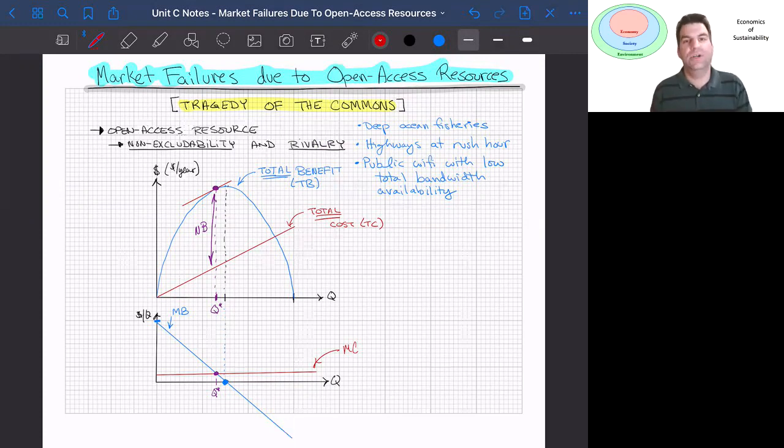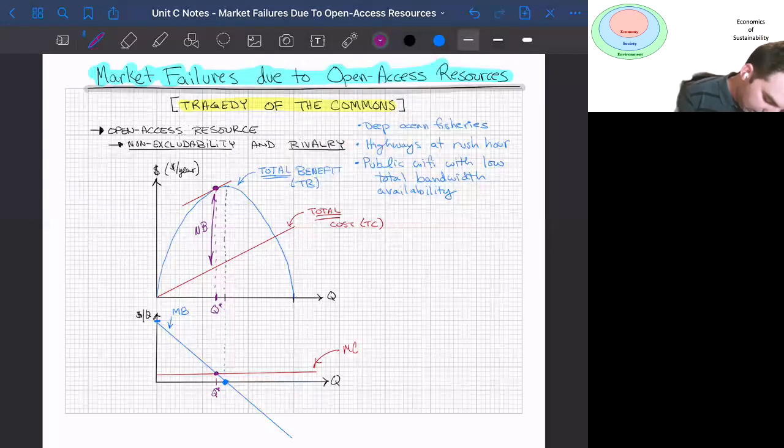My marginal cost curve is going to be my supply. Those demand and supply are going to come into equivalence at the socially efficient allocation, which is that Q star. And so the price of this good would just be equal to the marginal cost. So that would be the P star over here.